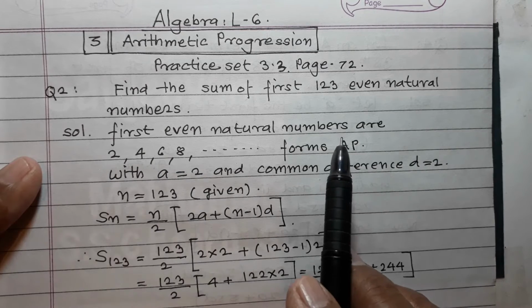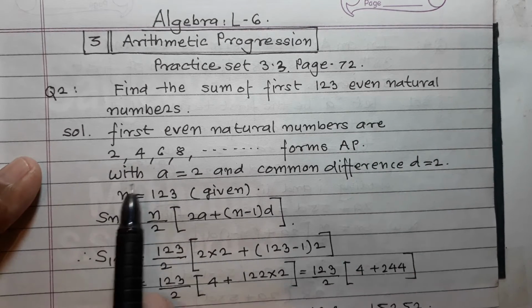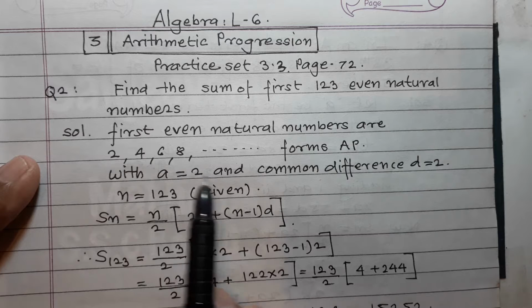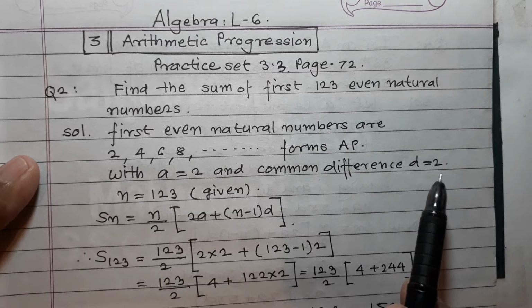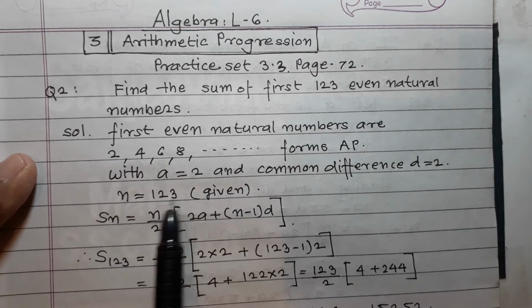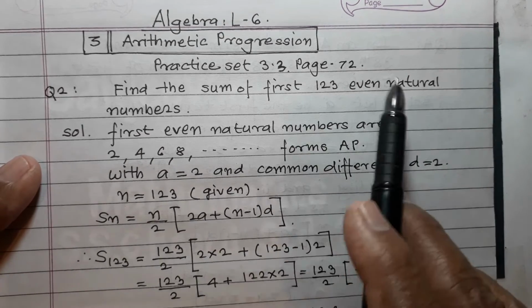So this forms an AP with a equal to 2 and common difference d equal to 2. n is equal to 123, given.